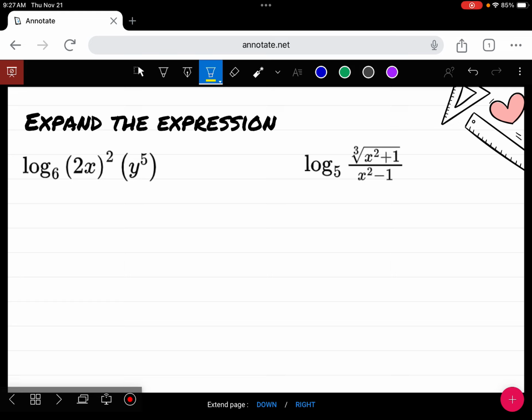So you've got log base 6 of 2x quantity squared, y to the 5th. You have a couple of ways you can approach this one. You can either come through here and simplify this, meaning take our powers and do our powers and get rid of the parentheses, so to make this 2 squared and x squared. That's option number one. Option number 2 is to just take it and do it as order of operations.